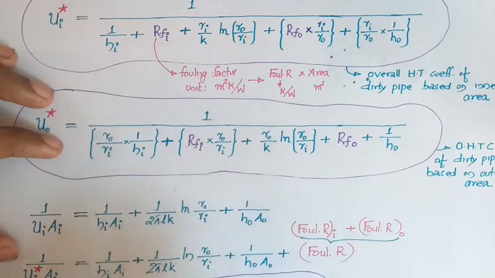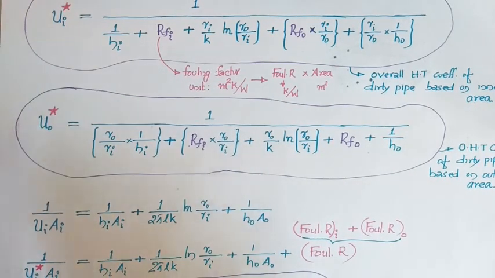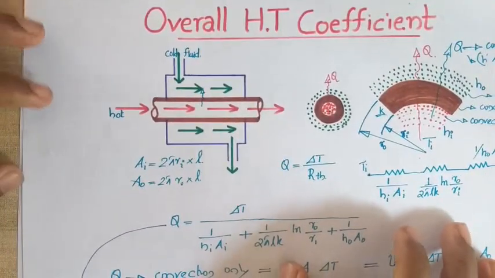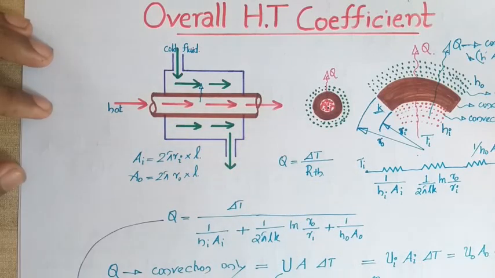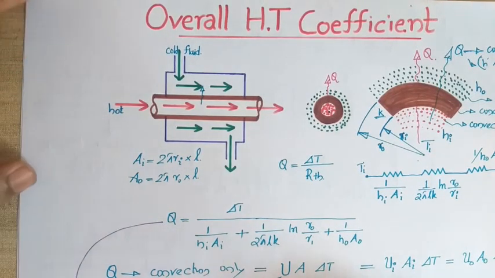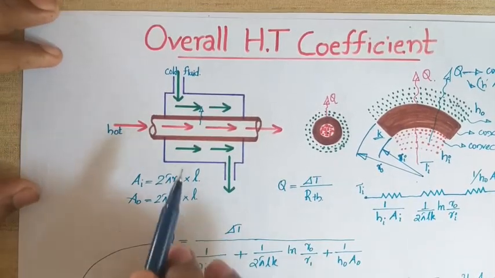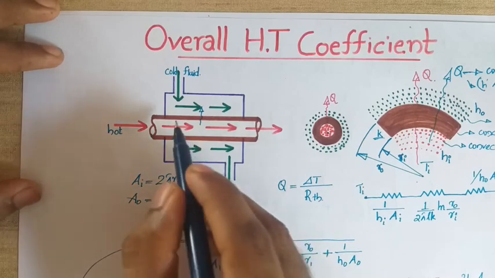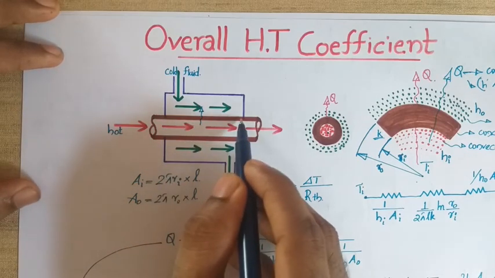So in this video we have learned about the overall heat transfer coefficient and the effect of the fouling factor on the overall heat transfer coefficient. And why have we studied the overall heat transfer coefficient? For a heat exchanger, the exchange of heat will be occurring across the surface.